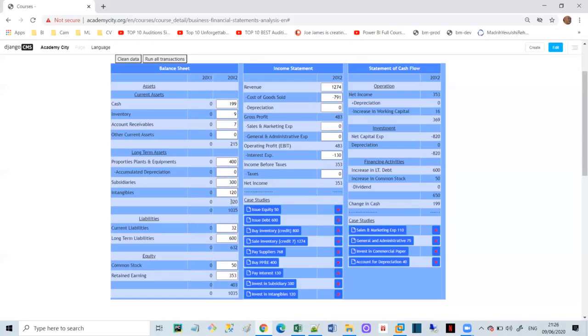Okay, 820 is the sum of the long-term assets. I should really write it up as total assets. Yeah, you should. I should add here total assets. That's what it is: the long-term assets plus short-term assets.